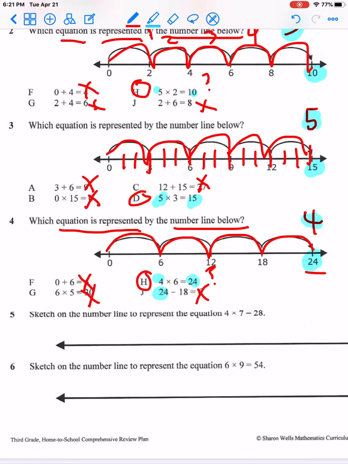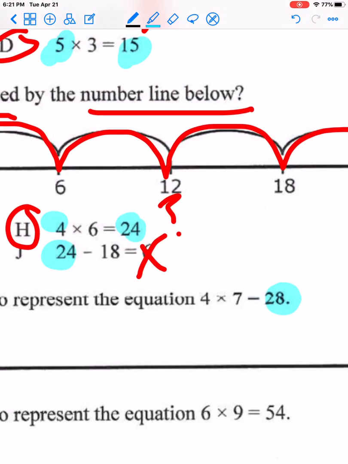Number 5. Sketch on the number line to represent the equation 4 times 7 equals 28. Okay, so I know that my total number is going to be 28, and I think what they meant here is equals 28.